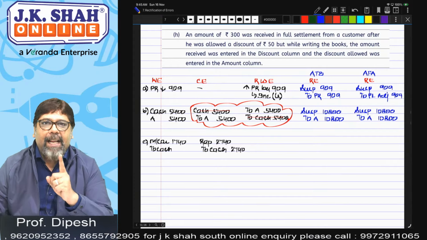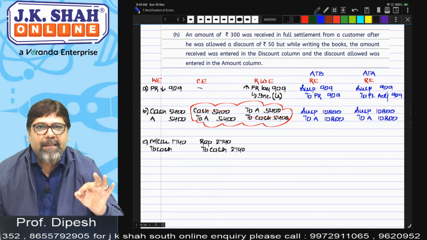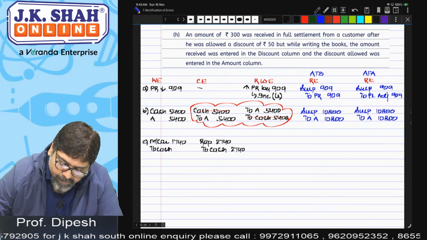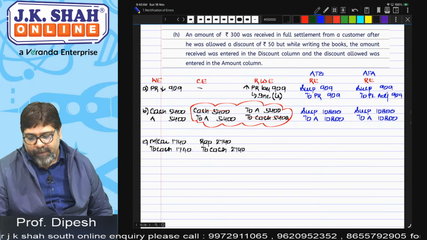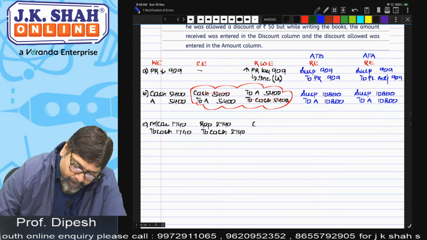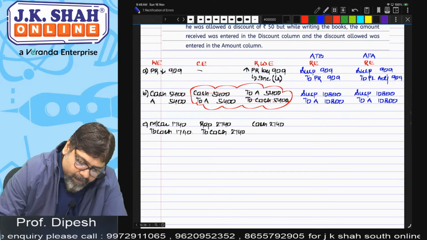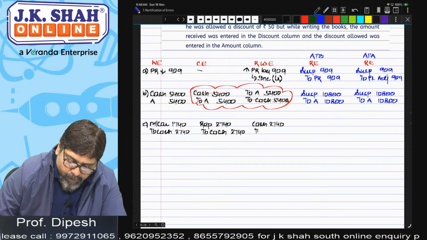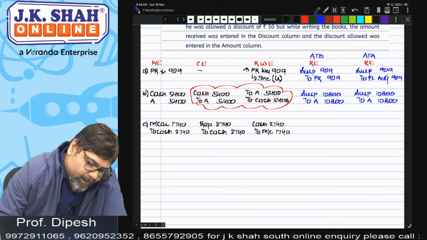Is there any error in cash? If there is an error in any particular account, it means that the error is restricted to that particular account only. Am I clear? Yes. 1,740. Correct? Yes. Now, reverse of wrong entry. Cash, there is no error. Cash is 2,740 to motor car 1,740.